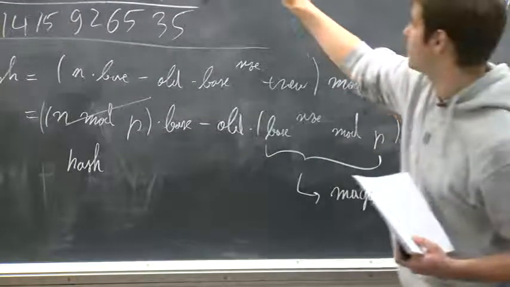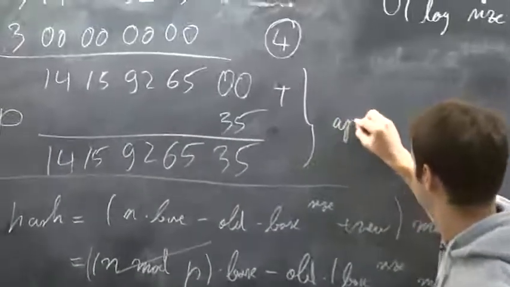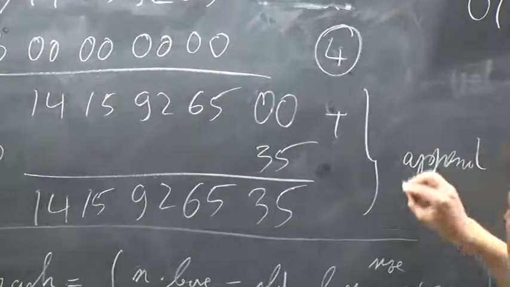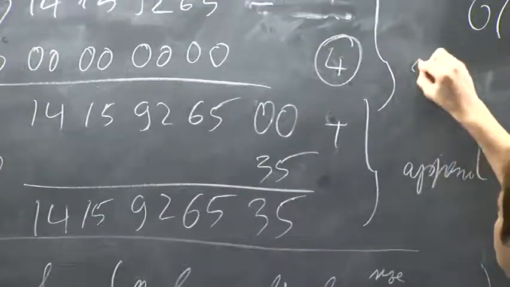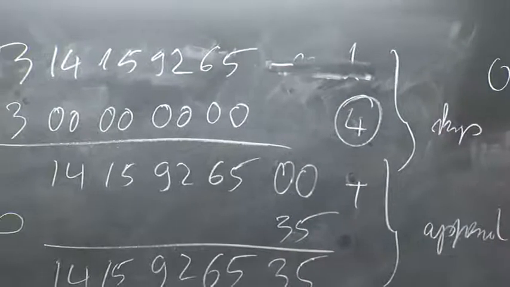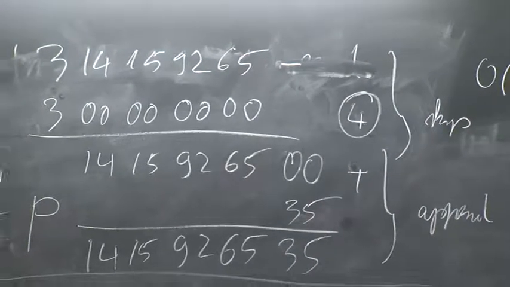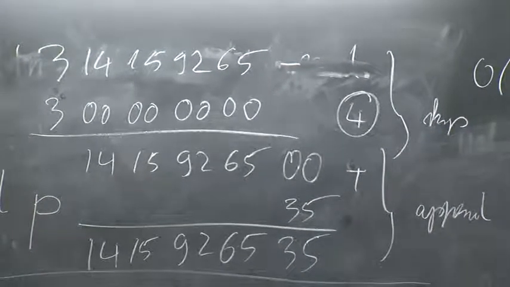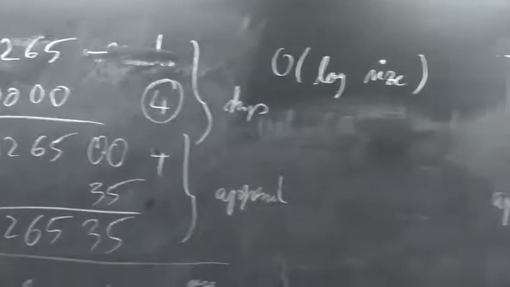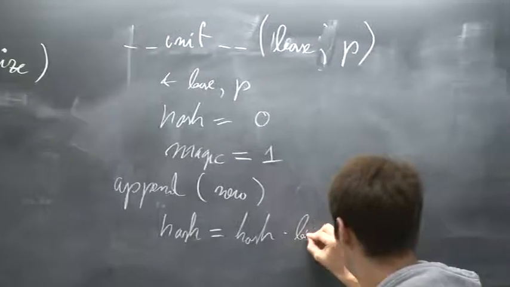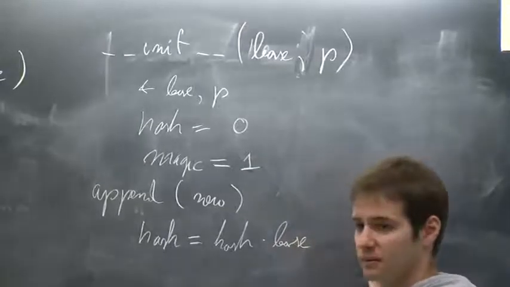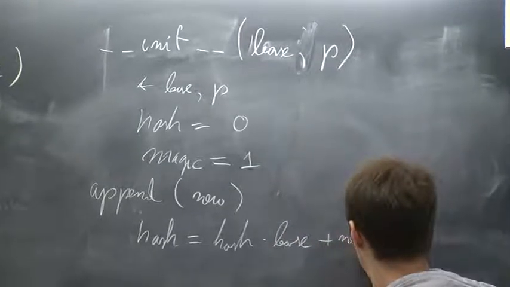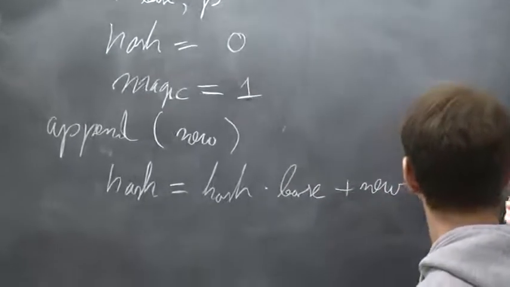Yep, so this is the append, right? And this is the skip. So hash equals hash times base plus new mod p. Very good.